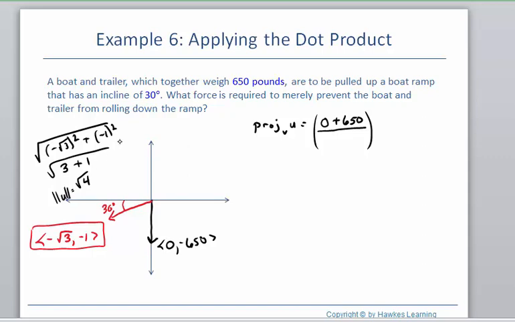Okay, and remember that we need to square it in the formula. And so squaring the square root of 4 is just going to give me 4. And then I need to multiply on that original vector. All right, so let's do our calculation here. 650 divided by 4, let's see what that gives me.